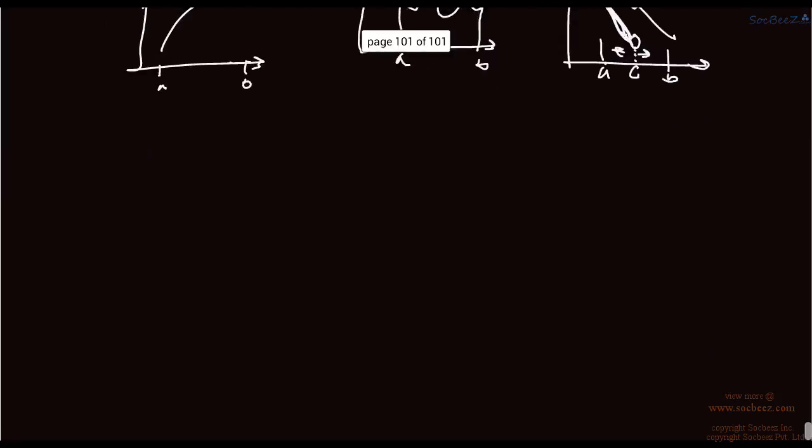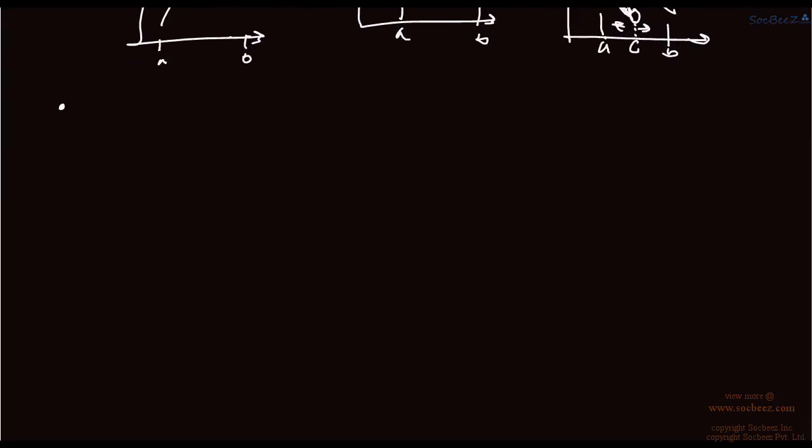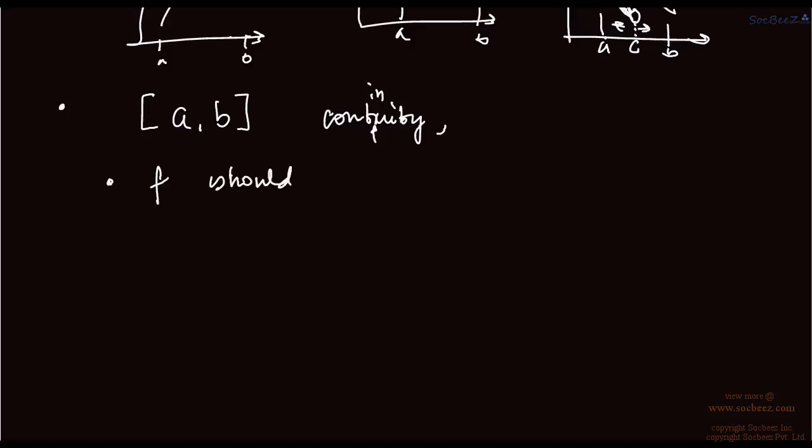So I will give you 3 conditions you can apply for a function to be continuous. If it is said to be continuous on a closed interval a to b, for continuity in a closed interval a to b, f should be continuous at each point in the open interval a to b.